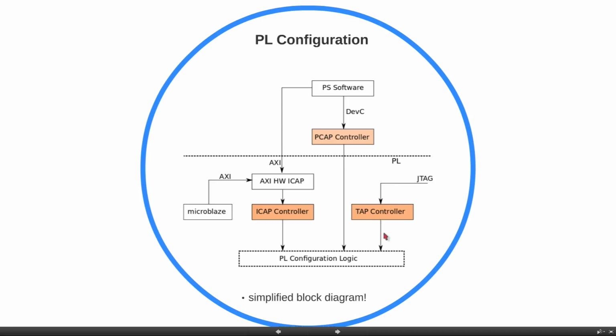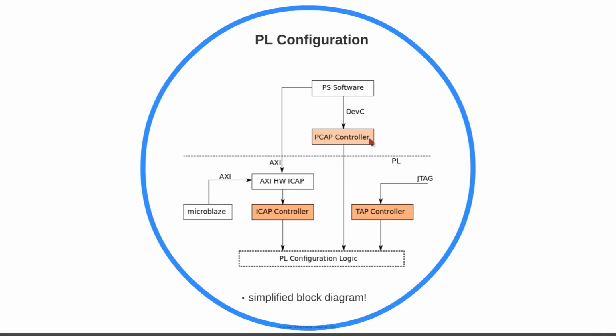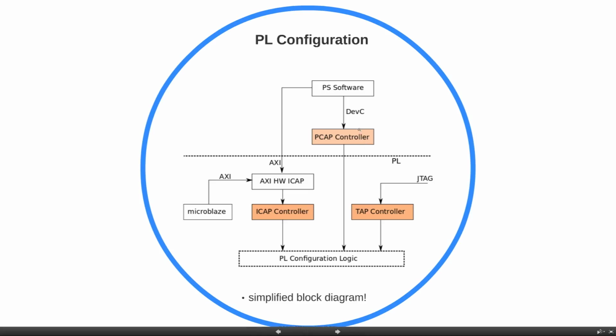But in addition to this way, there are two other ways which can be used to configure the PL. Another way is through a kind of logic which is accessible mainly by the ARM host of the PS.